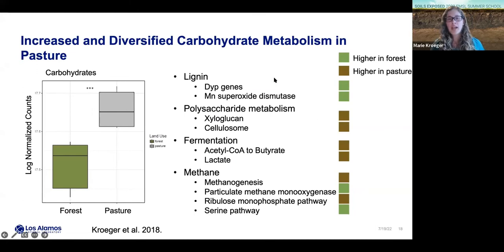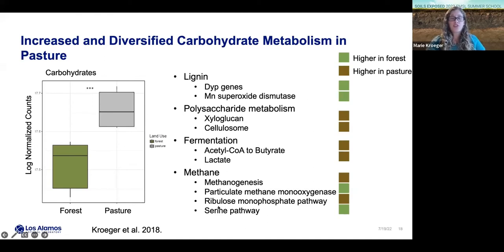So on the right, I highlighted a few of the changes that I thought were interesting. One, in the rainforest, I found that some genes associated with lignin metabolism were higher, whereas polysaccharide metabolism and fermentation were all higher in abundance in the pasture.